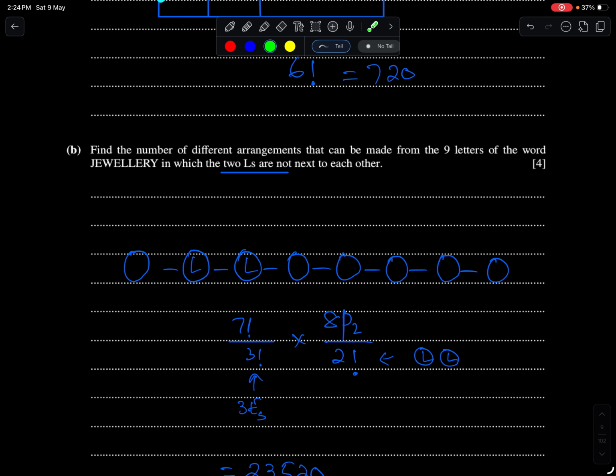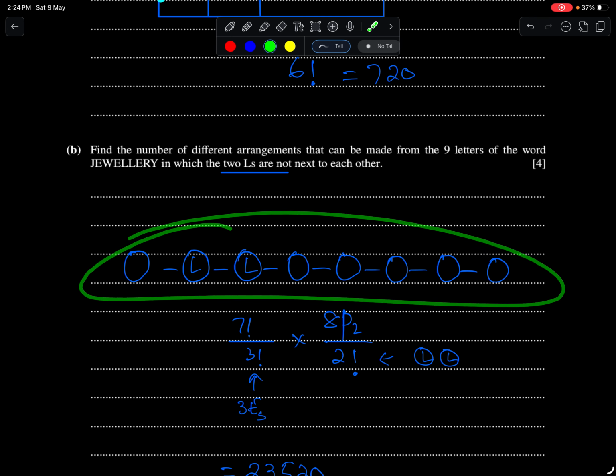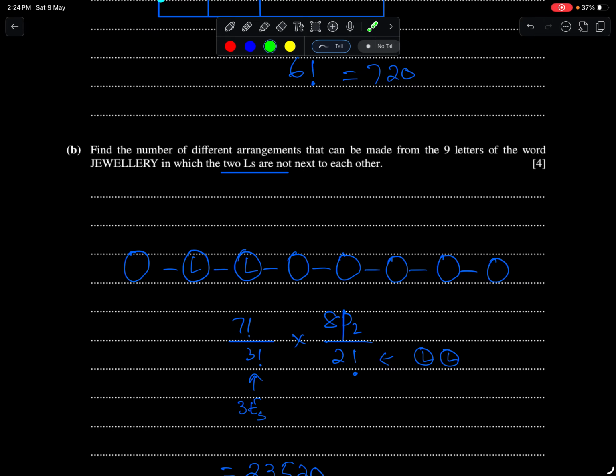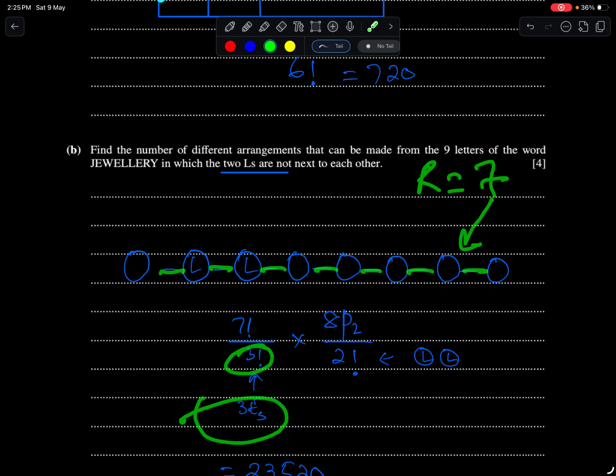Find the number of different arrangements that can be made from the 9 letters of the word jewelry in which the 2 L's are not together. Very simple, use the spaces method. Altogether 9. So first arrange the remaining letters, which are 7. 7 factorial divided by 3 factorial for 3 E's.